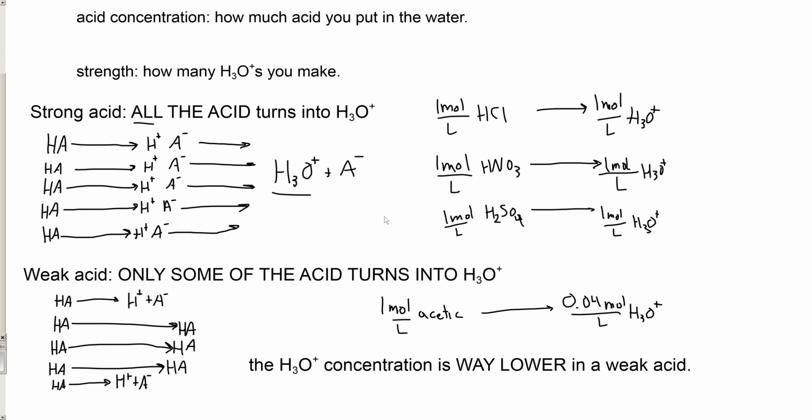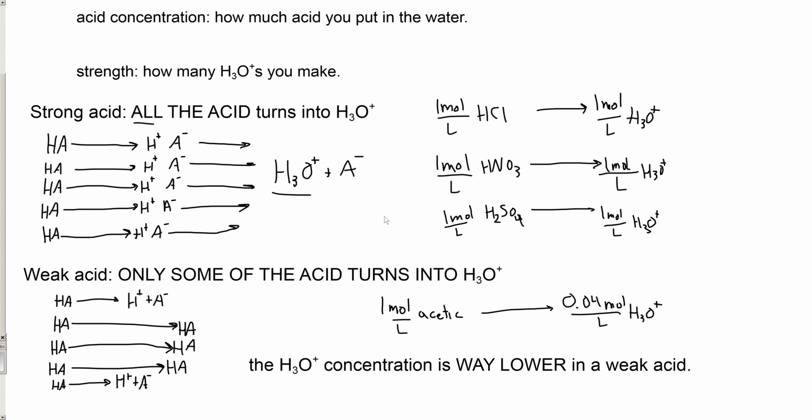So if you had a choice, and I would never make you do this choice even if we were in person right now, if you had a choice between dipping your hand in 1 mole per liter nitric acid versus 1 mole per liter acetic acid, think about that.